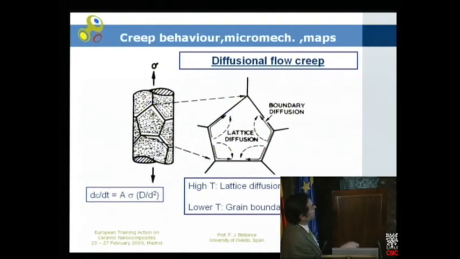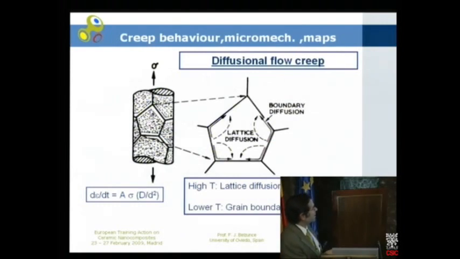You can see here that, for example, in this sample submitted to this stress, this is a grain, and the deformation of the grain takes place exclusively because of the atomic movements from these areas to these other areas, and the grain will be elongating like this one. And this can be produced by boundary diffusion or by lattice diffusion. So the expression which takes into account this micromechanism is this one.